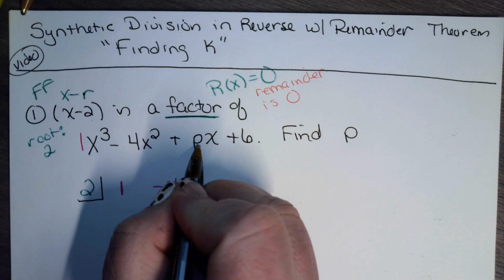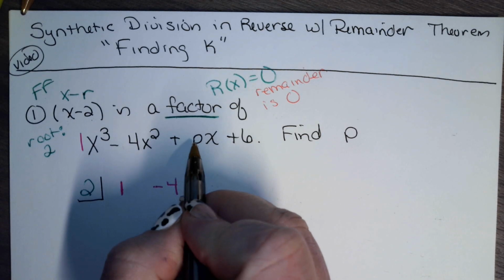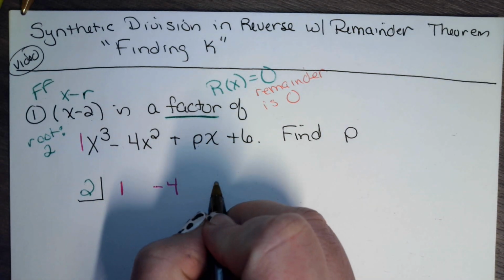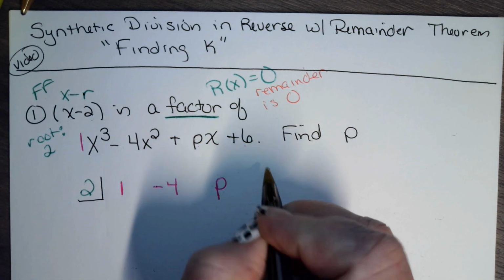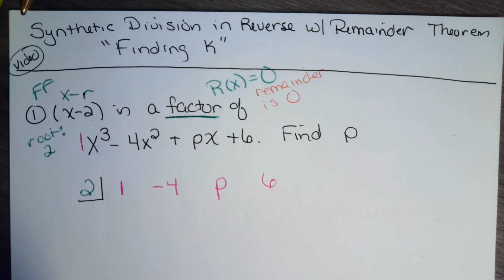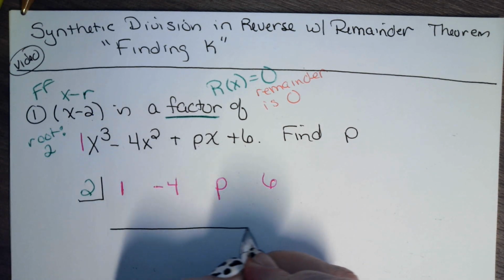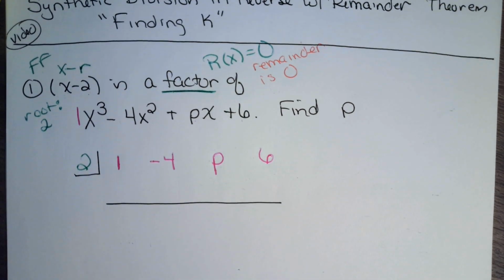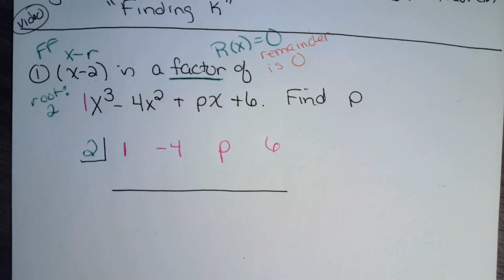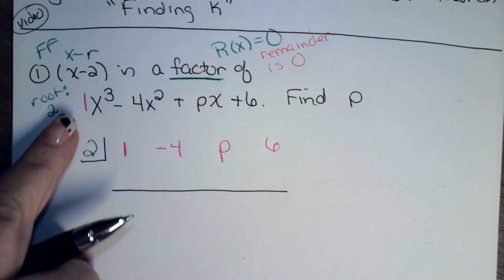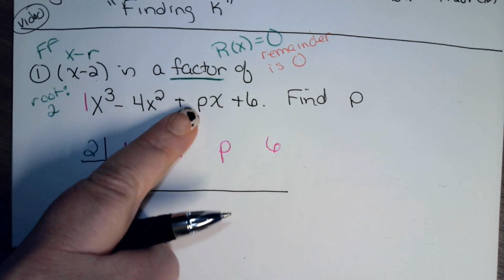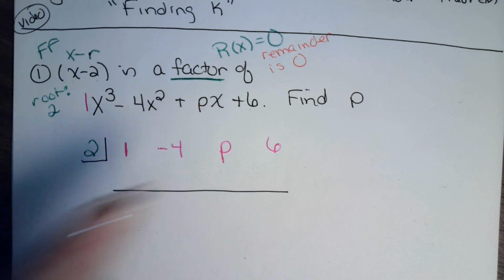P is a coefficient. Even though it's a variable, it's a value in front of the x. So it is a coefficient. So P and then 6. Draw your bar. Again, 1, negative 4, P, 6.